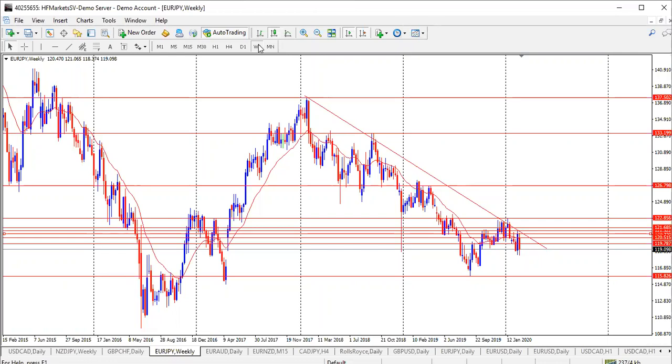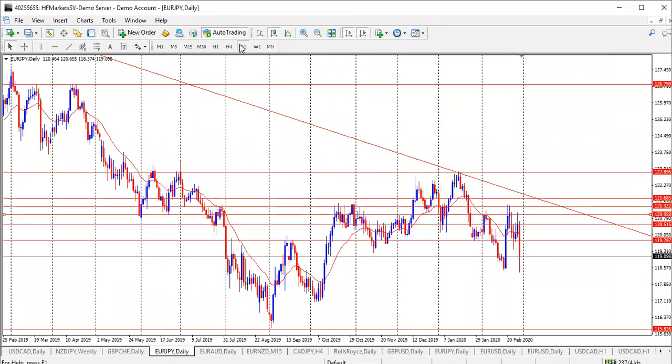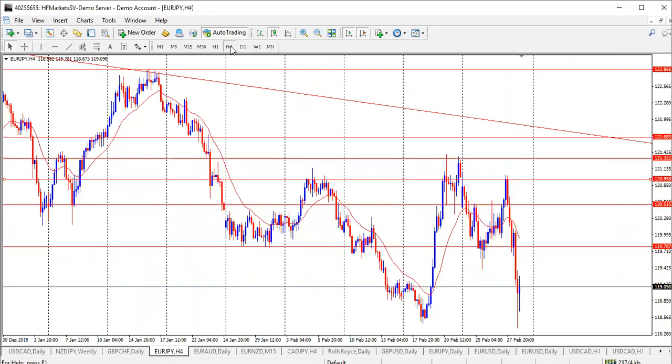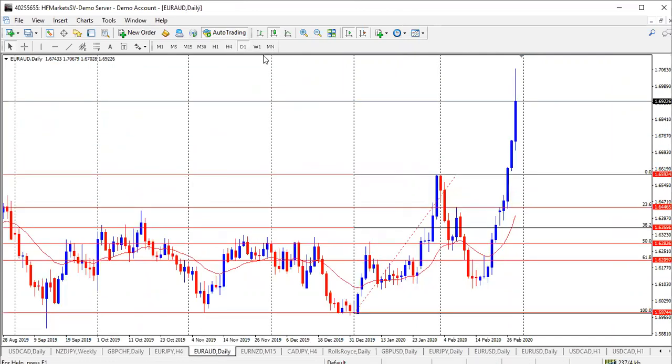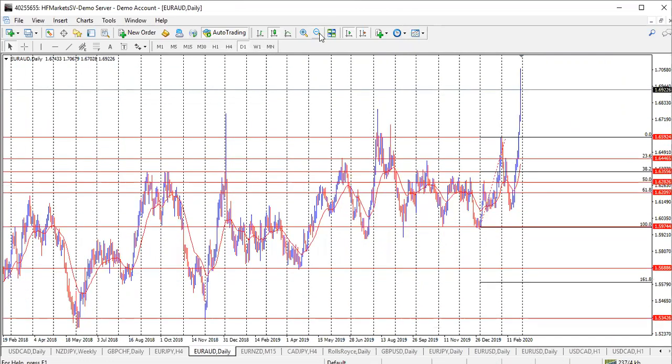Oh, this would have been a perfect one for us, but the retest already happened. Let's see if we can manage this. Do I want to? Let's see another one. If we can't find another one, we'll go back to that.